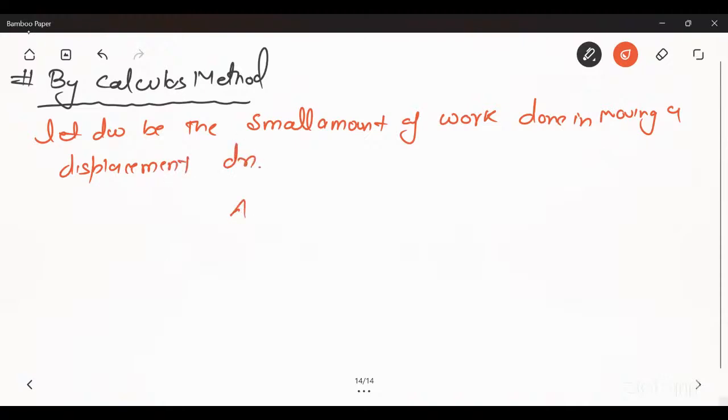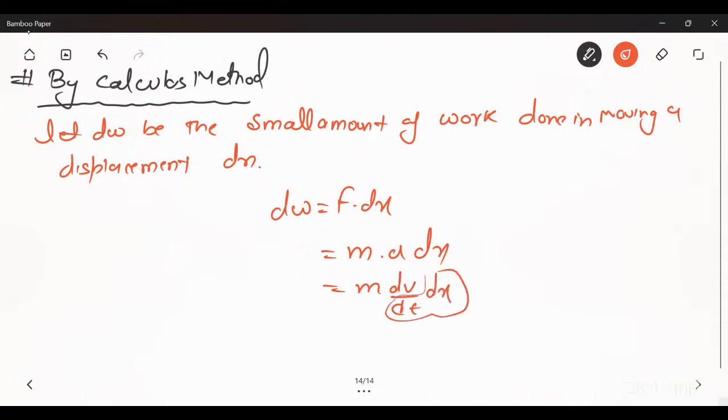Then dw equals force into dx. Now we know the force formula is m into a, and a is dv by dt. So m dv by dt into dx. So dx by dt is velocity v. So mv dv equals dw. Now integrate.